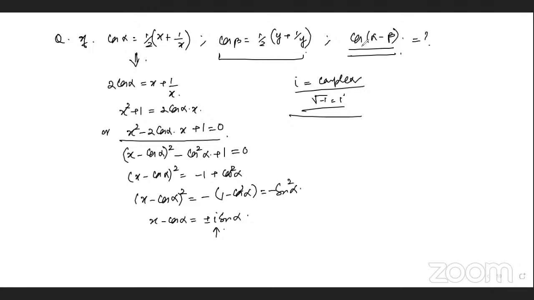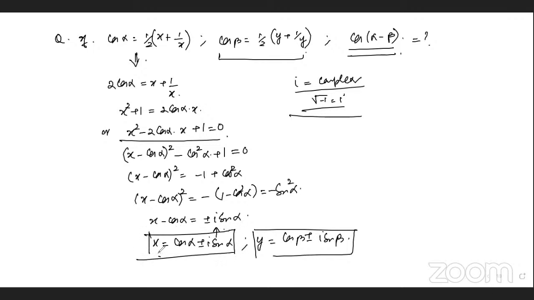Is this clear? So therefore x is equal to cos alpha plus minus iota sin alpha, and therefore y किसके बराबर होगा? Same, cos beta plus minus iota sin beta. But I don't think that we can do this as of now, because there's an iota, the complexity.